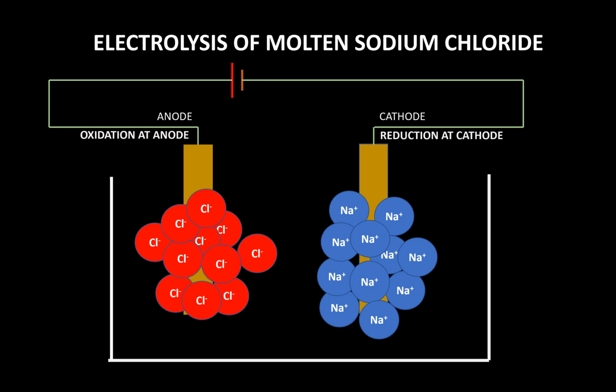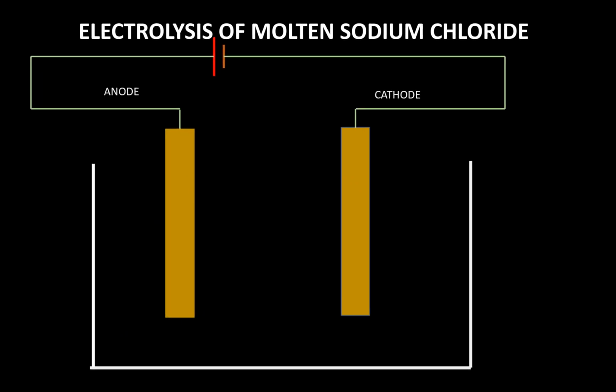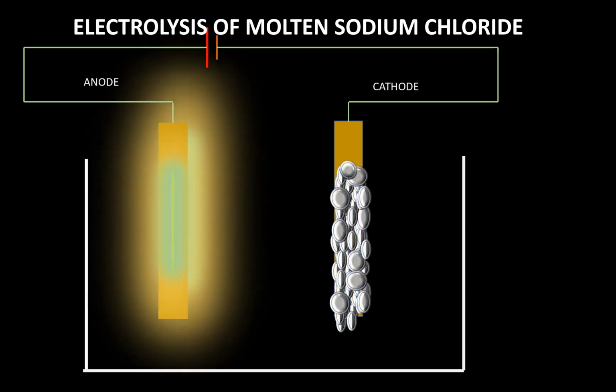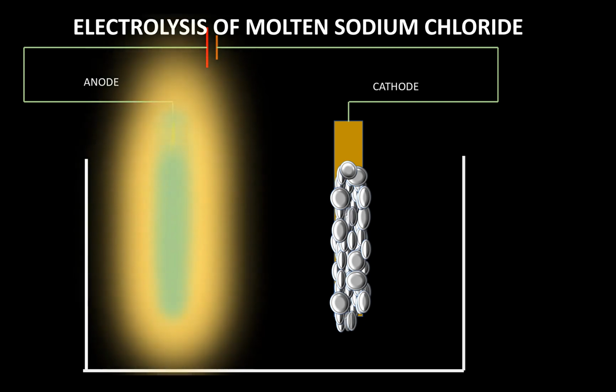You cannot see these ions. What you can see is something else that I'm going to show you on the screen. This is just an intermediate step that I've shown you as a part of the explanation. What you can actually see in the laboratory is what follows. There is a greenish yellow gas observed at the anode, and there are silvery white deposits at the cathode.